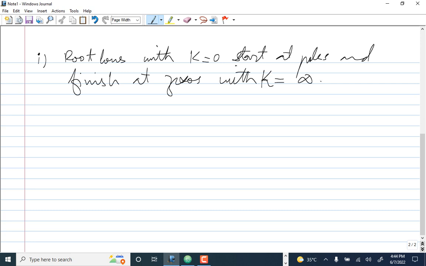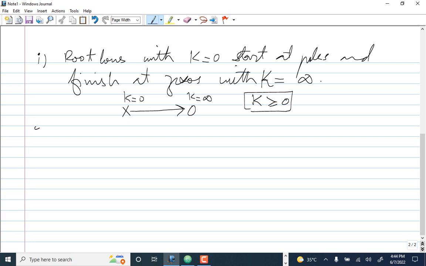So the main idea is that your root locus starts from the pole and finishes at the zero. Here the value is K equal to 0, here the value is K equal to infinity. So we are talking about positive gain.